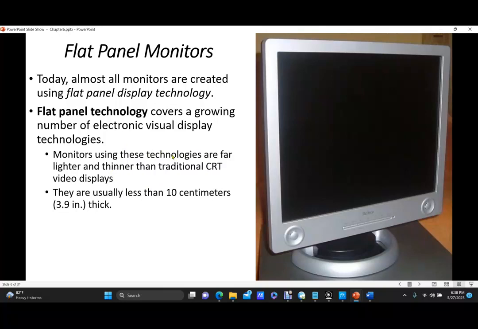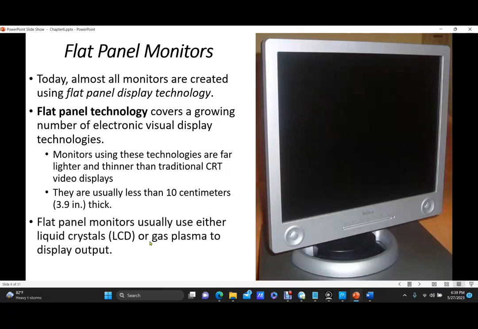They create monitors much lighter and thinner than the older CRT displays. Flat panel monitors are usually less than 10 centimeters thick. They generally use either liquid crystal technology or gas plasma technology.